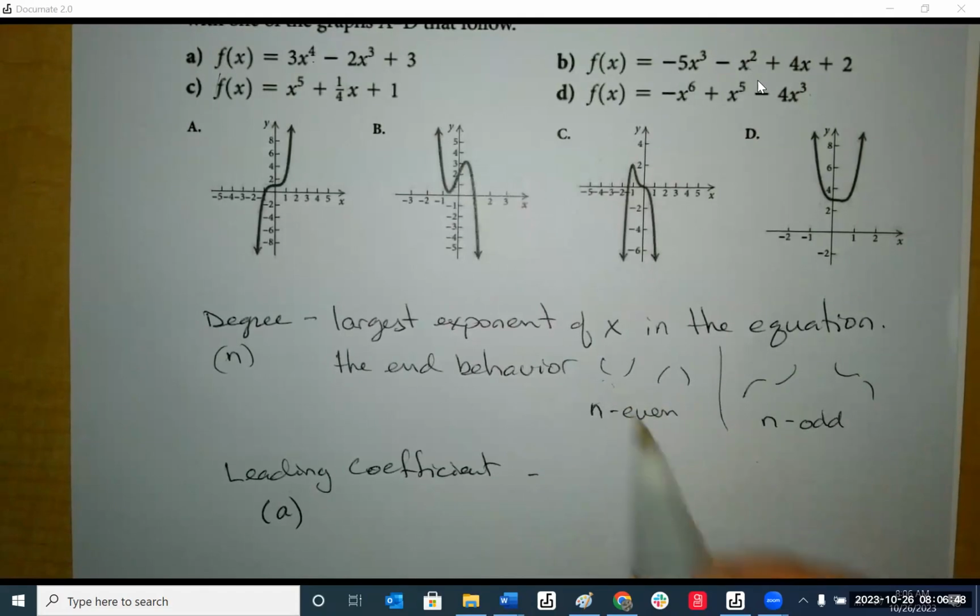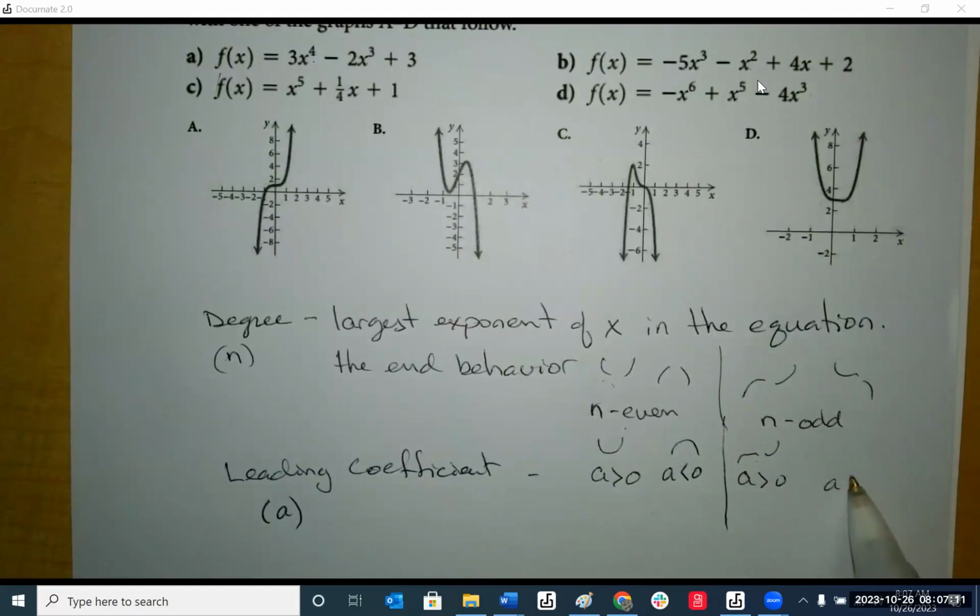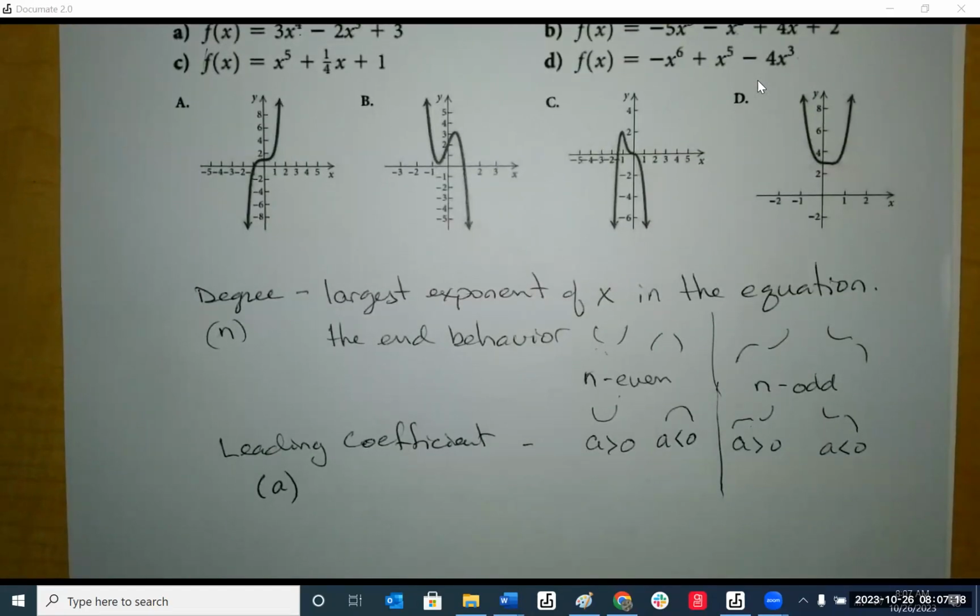So if A is positive and n is even, it goes up. If A is negative, it goes down. If A is positive, it's an increasing function. If A is negative, it's a decreasing function. And I gave you the leading term test table.